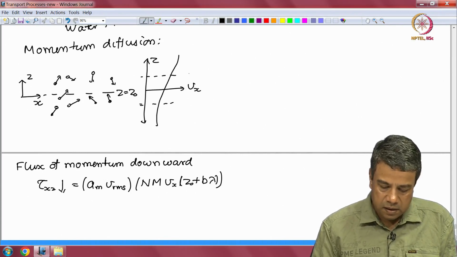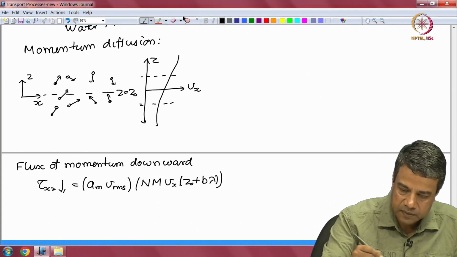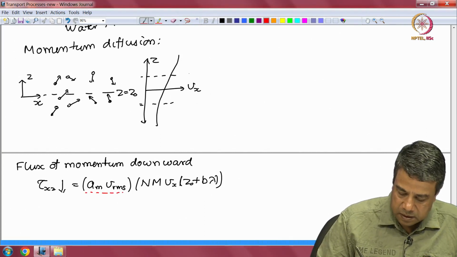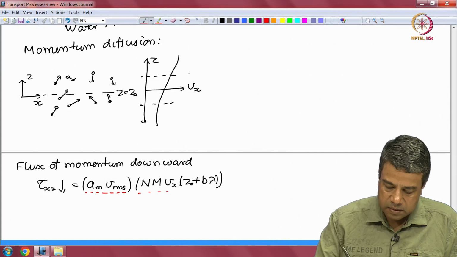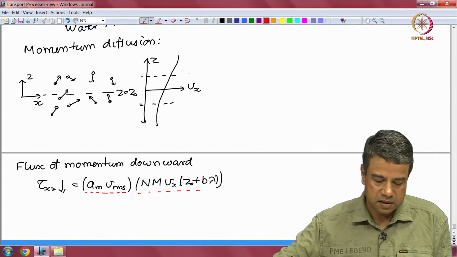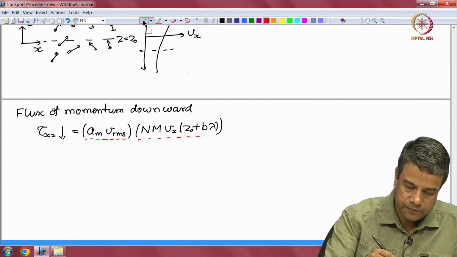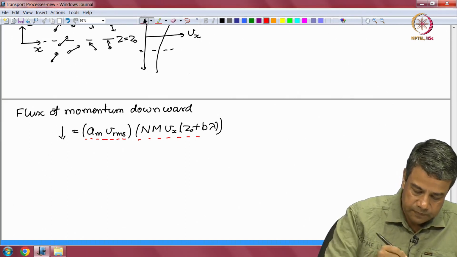So this is the estimate of the velocity perpendicular to the surface, and this is the momentum at location z naught plus b lambda. That is the momentum flux downwards. Let me call this the momentum flux here.